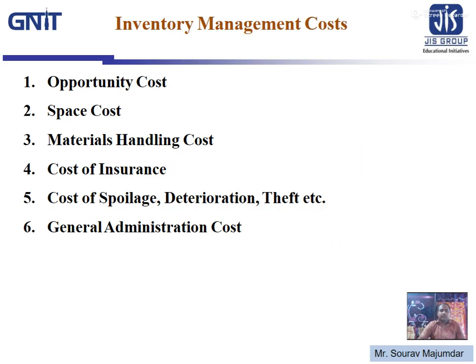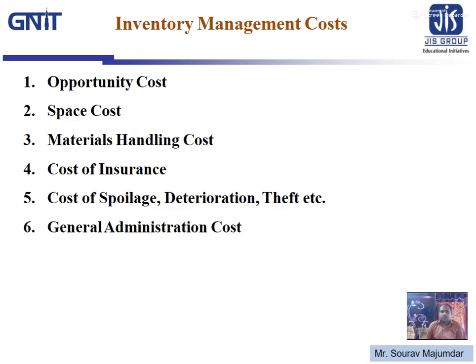So, inventory management cost. There are a lot of costs, like opportunity cost, space cost, material handling cost, cost of insurance, cost of spoilage, deterioration, theft, etc., and general administration cost.